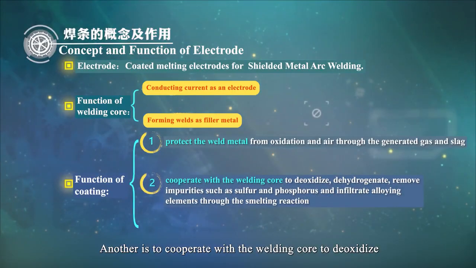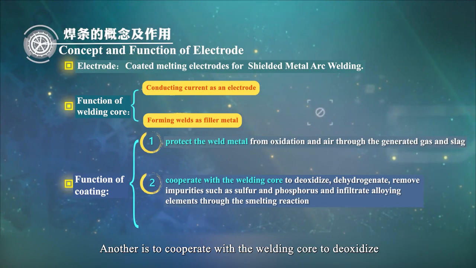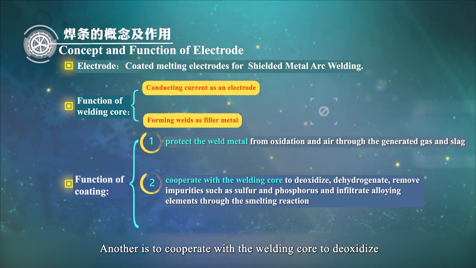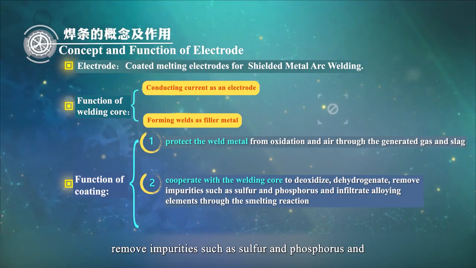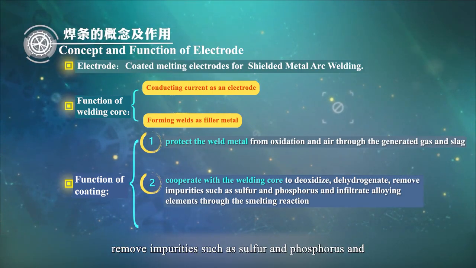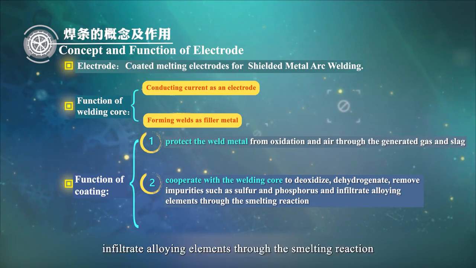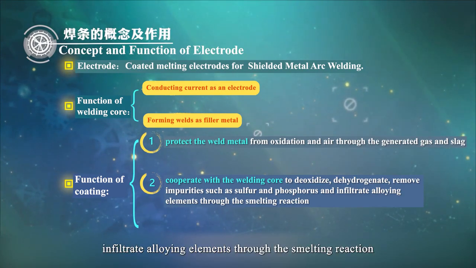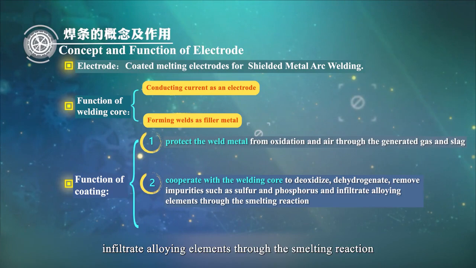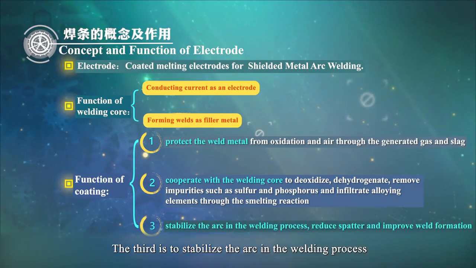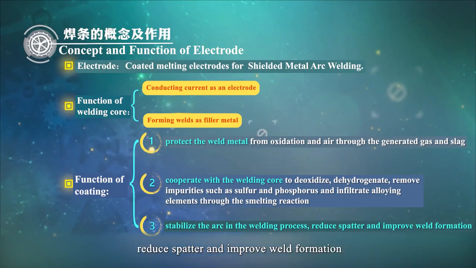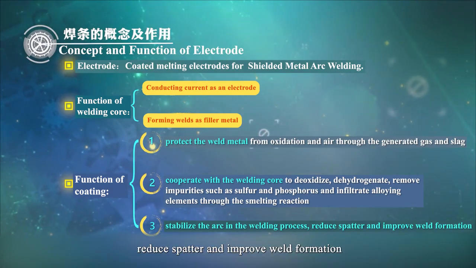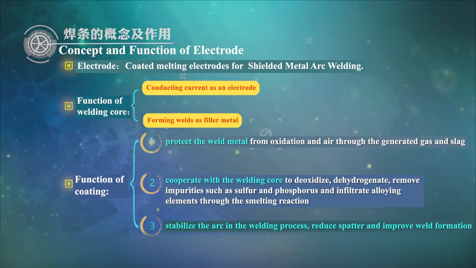Another is to cooperate with the welding core to deoxidize, dehydrogenate, remove impurities such as sulfur and phosphorus, and infiltrate alloying elements through the smelting reaction. The third is to establish the arc in the welding process, reduce spatter, and improve weld formation.